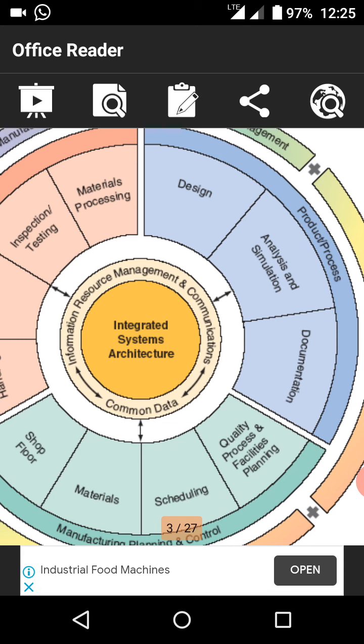To design a particular drawing, first we analyze the design: how the design works, what the design is, what the parameters are. After giving the design, we analyze what should be done and how to do it. Next, implementation: how to implement, how to start, how to end. That is the part and product design.